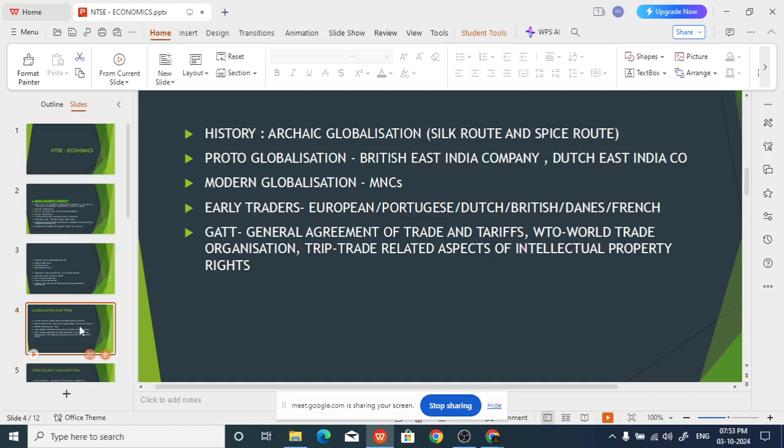But unfortunately, our invaders blocked these two. They blocked our Silk Route, they blocked our Spice Route, and India became poor because of the British East India Company or Dutch East India Company. All these European companies who came here to do trade blocked the Silk Route and Spice Route, and India as a country became poorer and poorer, and we became one of the poorest countries in the world.